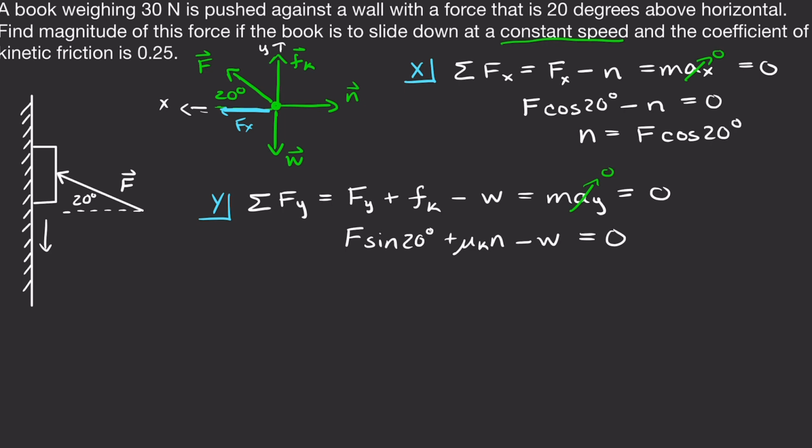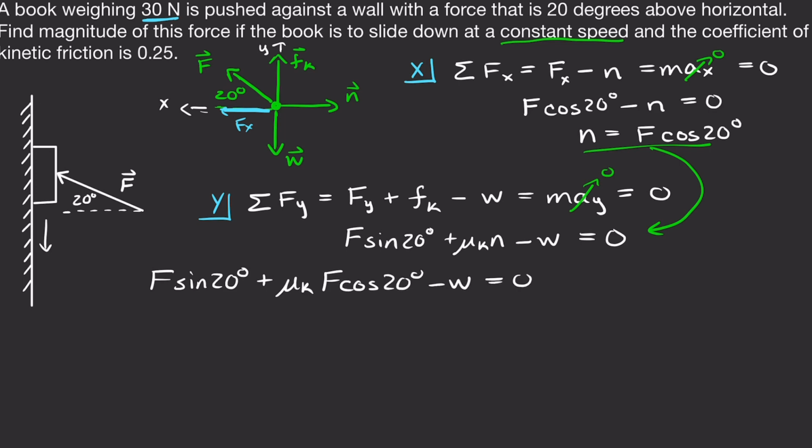Okay, now I have my normal force, so I can plug it into this equation. So this gives me F sine of 20 degrees plus mu k times my normal force, which is F cosine of 20 degrees, minus my weight, which equals 0. Now I want to factor out this force from both of these terms to isolate it.